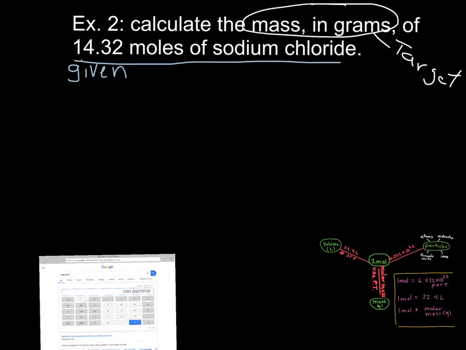So we need the molar mass of sodium chloride, which is NaCl. We have 1 sodium, and its mass is 23. And we have 1 chlorine, and its mass is 35.45.